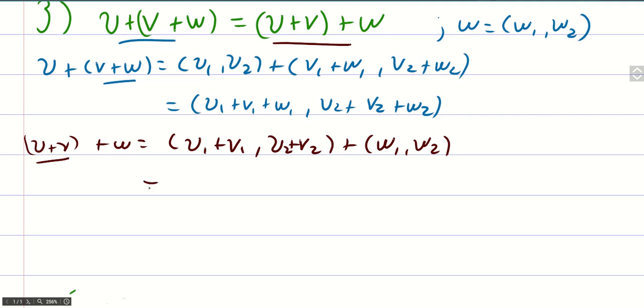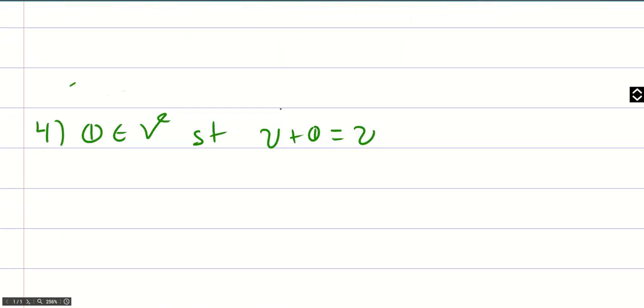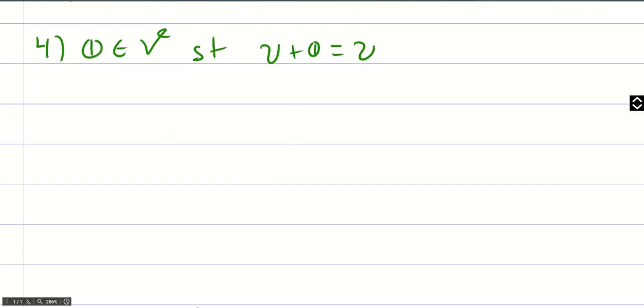And the result of this is (u1 plus v1 plus w1, u2 plus v2 plus w2). You can verify that these two vectors are the same, so it satisfies the associativity property. Now let's see what happens with the null vector or the zero vector of this vector space.